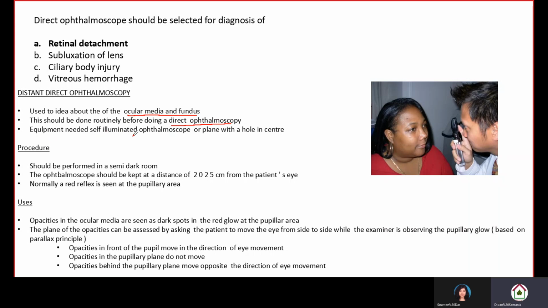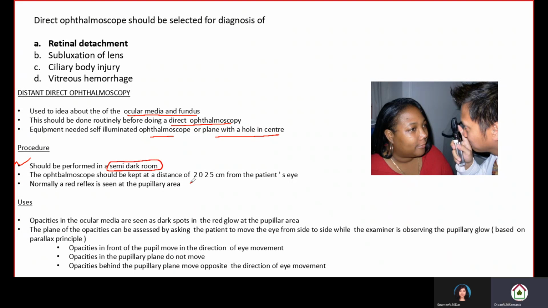Equipment needed: a self-illuminated ophthalmoscope or a plane mirror with a hole in the center. It should be performed in a semi-dark room.